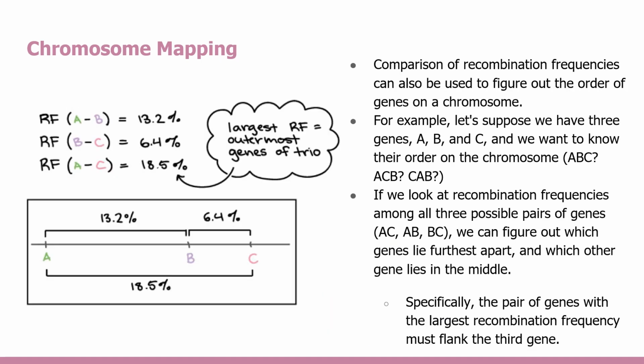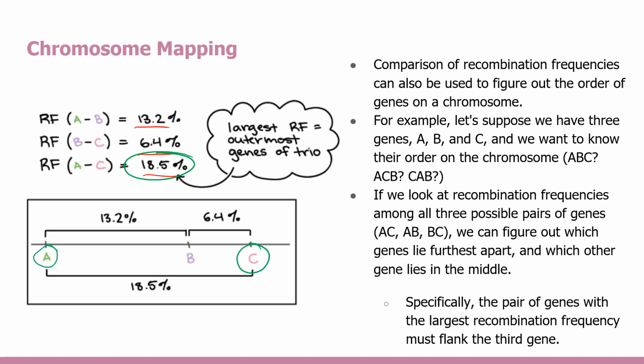So we can determine the order of where these genes would be located on a chromosome, and this is called chromosomal mapping. So again, we're given 3% here. The first step is to look at the biggest percent. That will tell us the end points. So A and C must be the end.